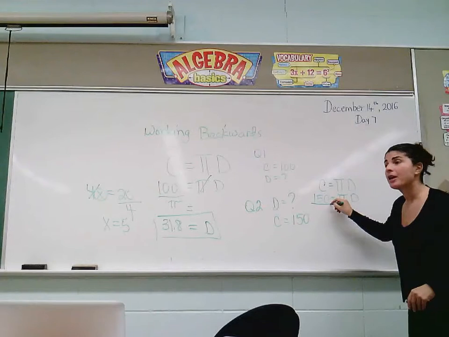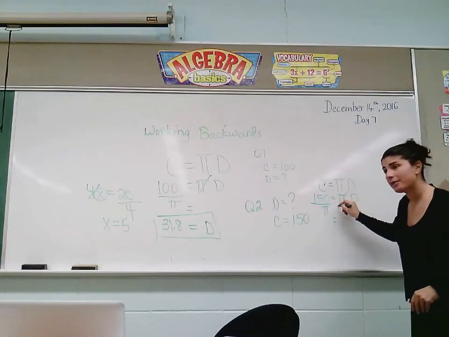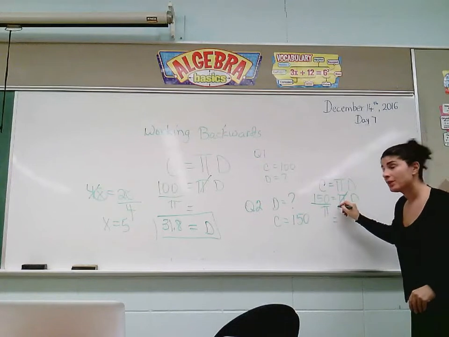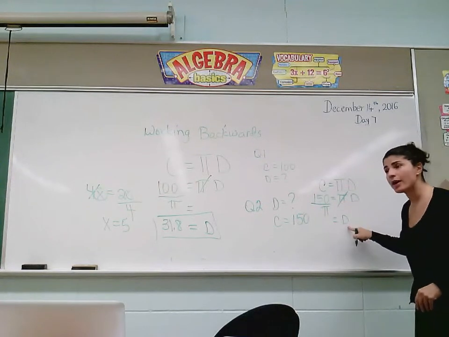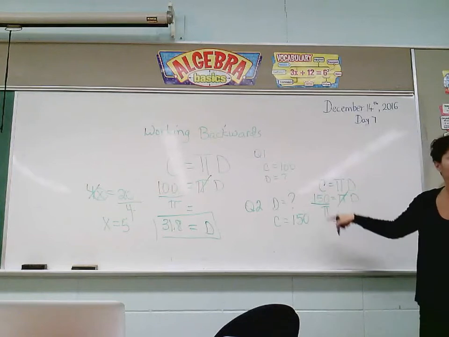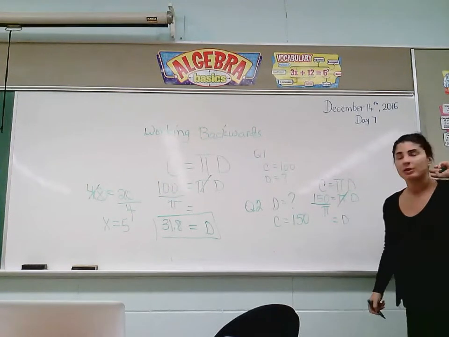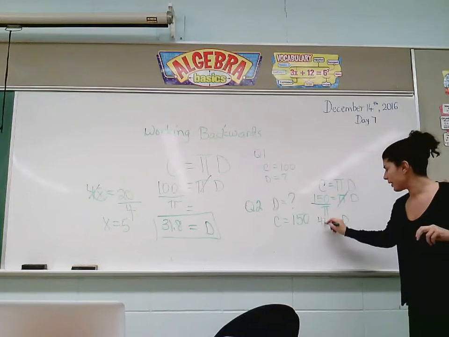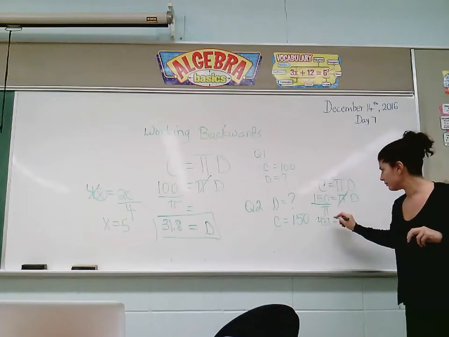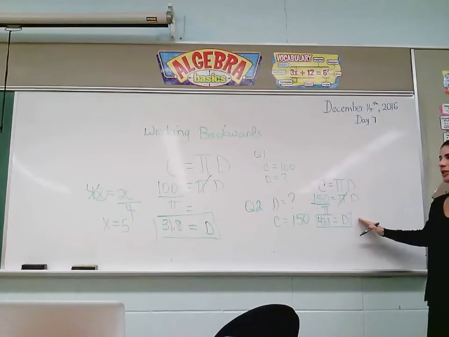Divide by? Pi. Exactly, by the pi. And once I divide, this is removed, and I'm left with, guess what? The diameter. So I take my calculator now. Now's a good time. What's the answer? 47.7. Boom. Done. 47.7 is the answer to this.